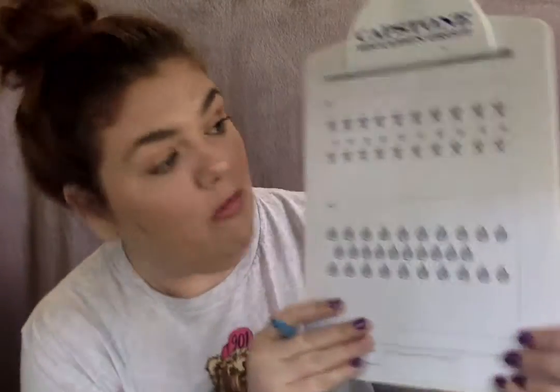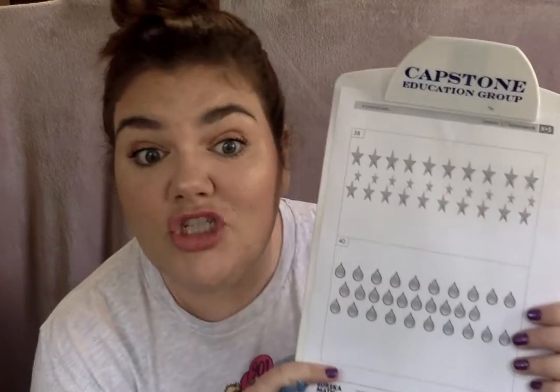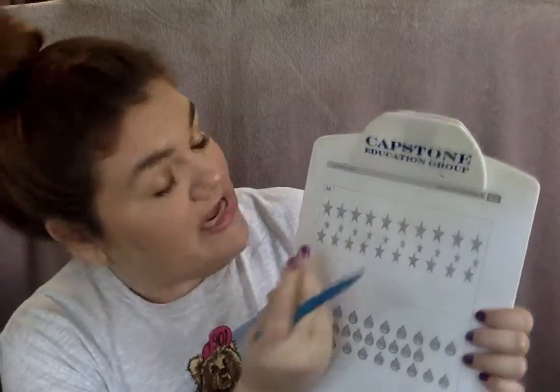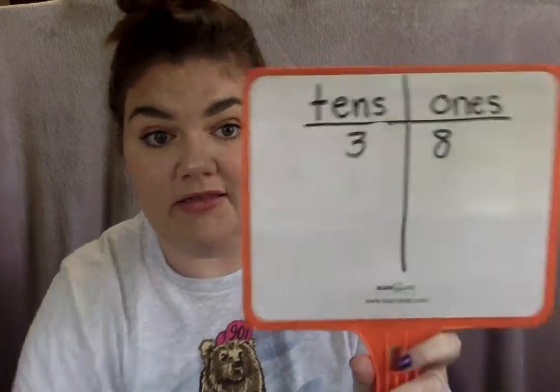So for this one, we're going to probably have to circle some, and we're probably going to have to draw some as well. Okay, so we see the number 38. Okay, so first of all, let's look at our tens and ones. What I'm going to do is I'm going to write the number 38 and figure out how many tens there are in 38 and how many ones.